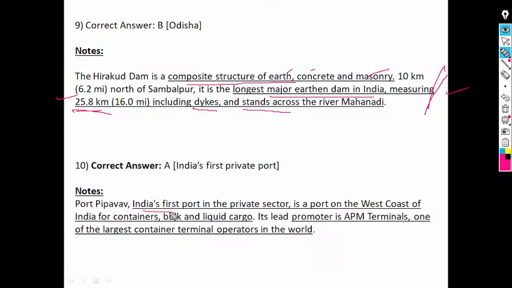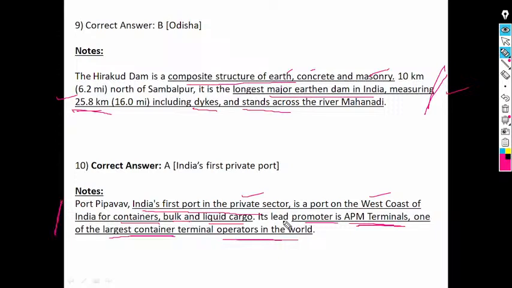Port Pipavav, India's first port in the private sector, is a port on the west coast of India for containers, bulk and liquid cargo. It is the lead promoter in APM Terminals, one of the largest container terminal operators in the world.